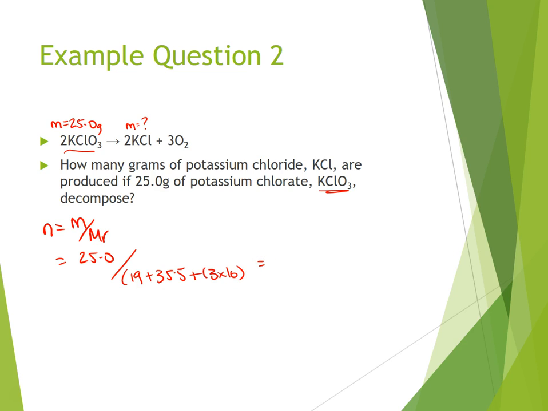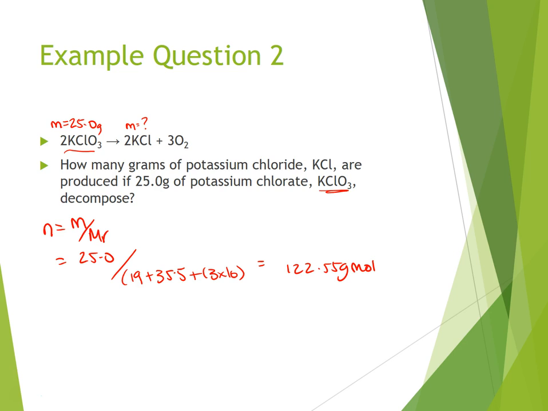That should give you a total of 122.55 grams per mole. So if we've got 122.55 grams per mole, that means if we do our final calculation, we're going to have a fairly reasonable number.